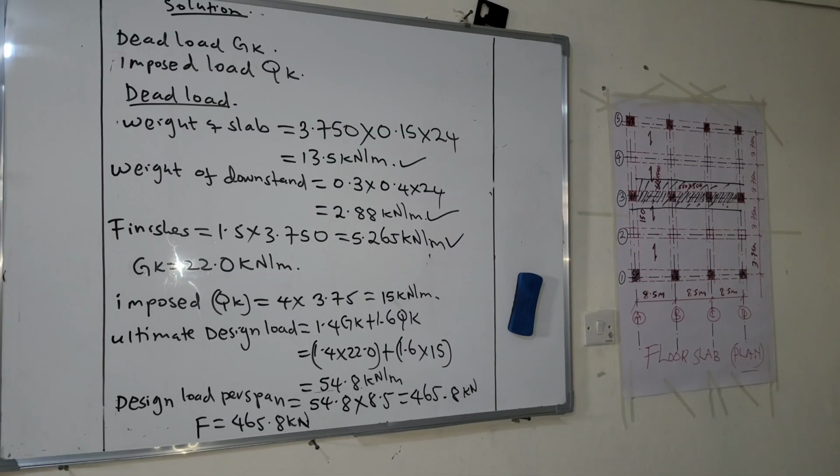Now, after calculating the design load per span and the GK and the rest, what follows next is to calculate the ultimate design moment, which is M. And for this one, we will first check if this question will satisfy the condition provided in clause 3.4.3 of BS 8110.